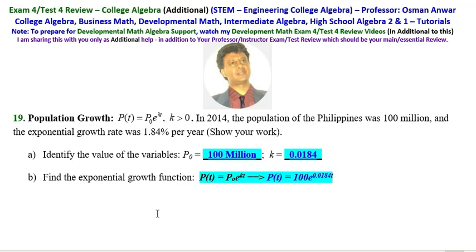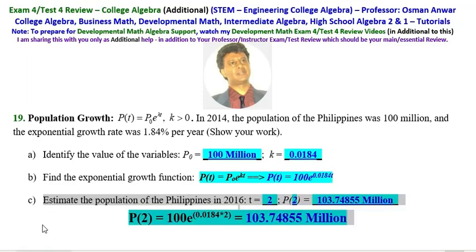B. Find the exponential growth function. P of t equals P naught e to the kt, that is P of t equals 100 e to the 0.0184t. Then estimate the population of the Philippines in 2016. So 2016 from 2014 is 2 years.